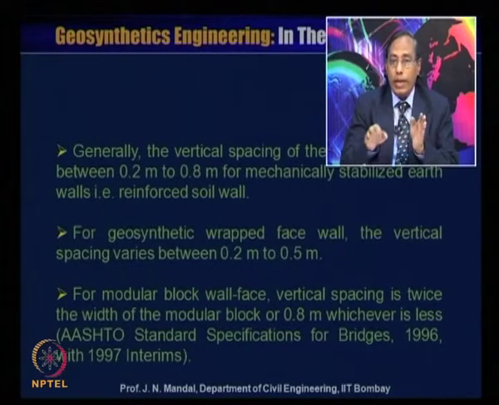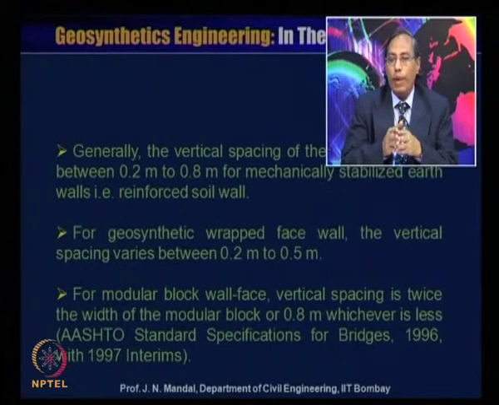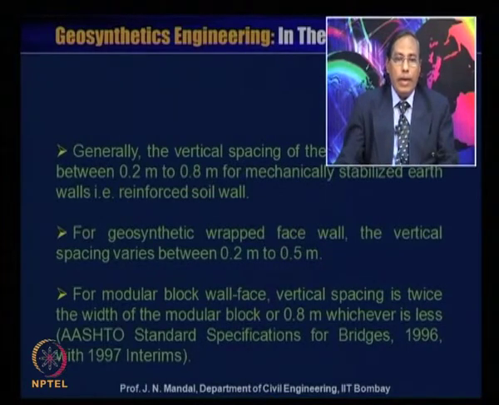For geosynthetics wrap face wall, the vertical spacing is between 0.2 meter to 0.5 meter, and for modular block wall face, vertical spacing is twice the width of the modular block or 0.8 meter, whichever is less. This is as per AASHTO standard specification for the bridge in 1996 with 1997 interim.